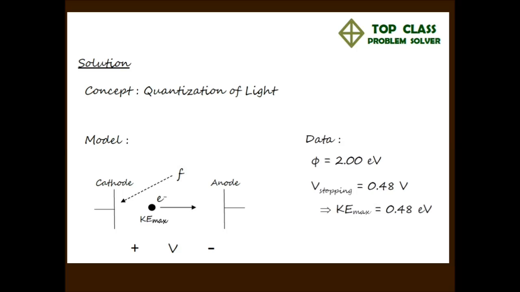As our first calculation, we can write down that the maximum kinetic energy of the electrons, Ke max, is equal in electron volt to the stopping potential in volt. We therefore write down that Ke max is equal to 0.48 electron volt.